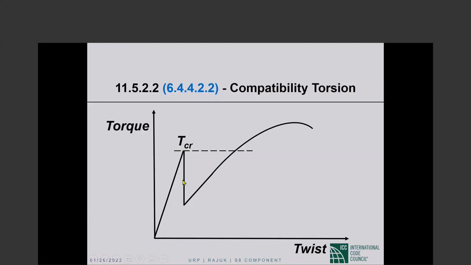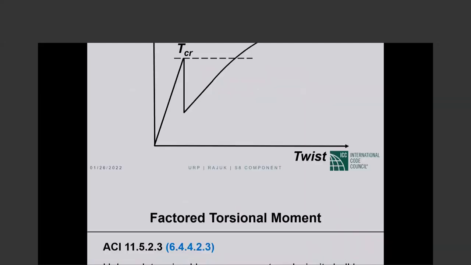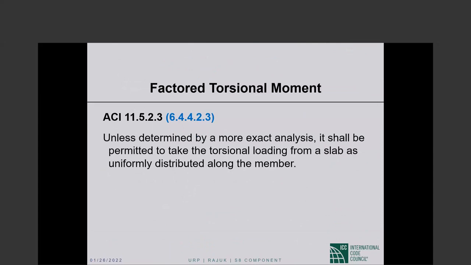The torsion drops drastically, and then it takes a lot more twist to get back to cracking torque, and with further twist, the member can resist more torsion. If we decide to design for that, then the extra torsion, the difference between this and that, will have to be redistributed. That will become additional bending moment in the slab system that is contributing torsion.